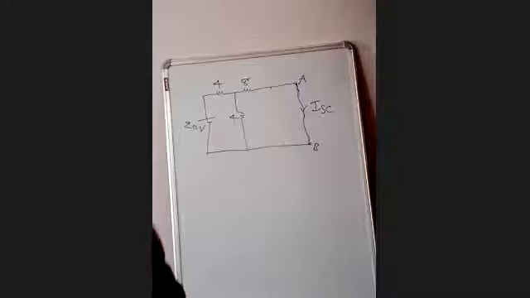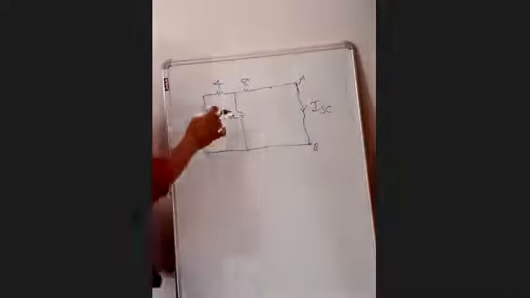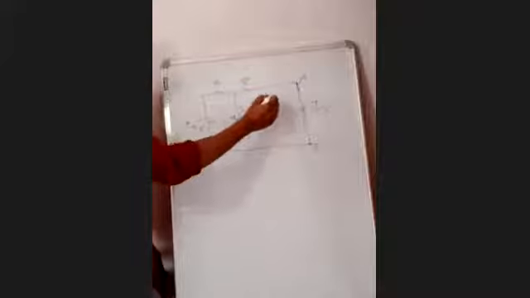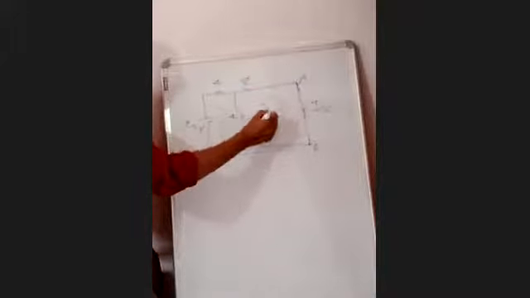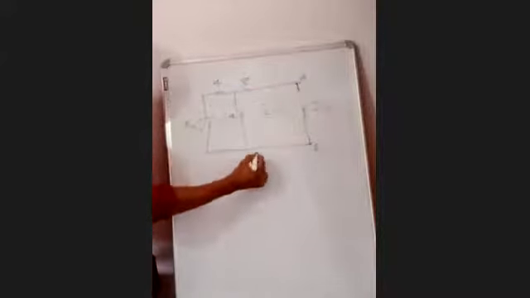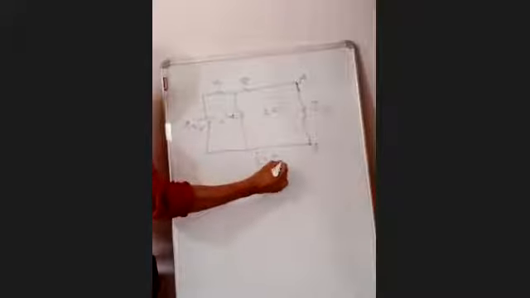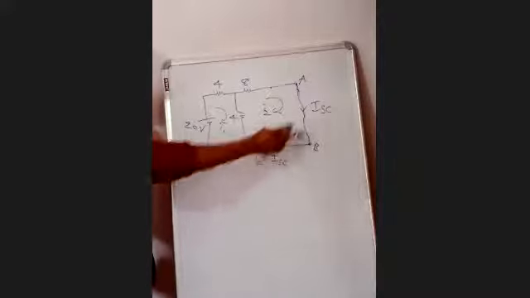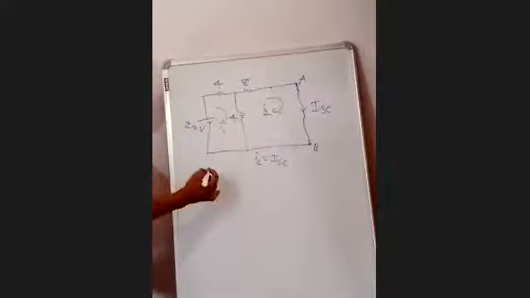See here, two loops are there. Let us take I1 and I2. Your I2 is equal to I_SC. Once you determine I2, that is equal to the Norton current or short circuit current.